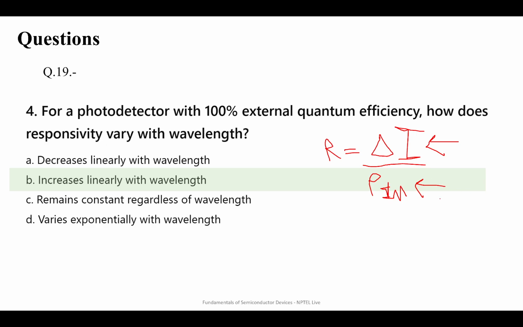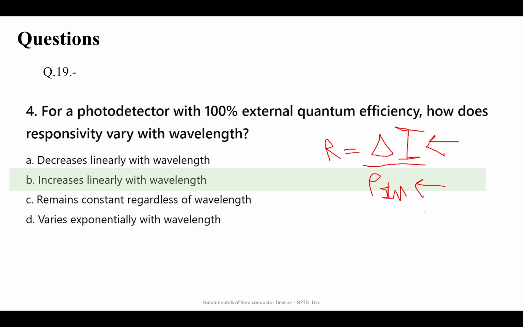So if you are shining a light of 500 nanometers and a light of 1000 nanometers with the same power, yes sir, the power is the same.